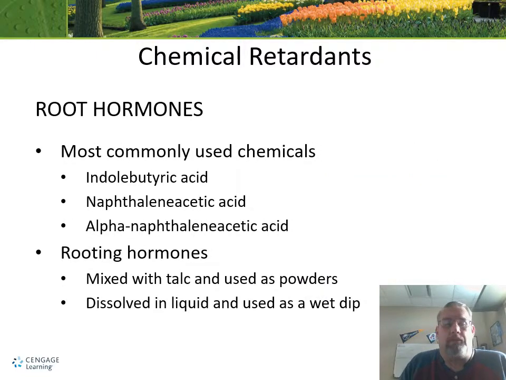There are also root hormones that can be introduced to a plant. These can also be used to root cuttings on plants. There are many different varieties and many different applications.